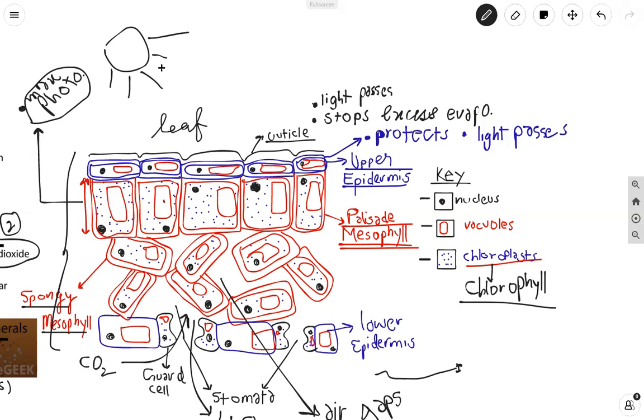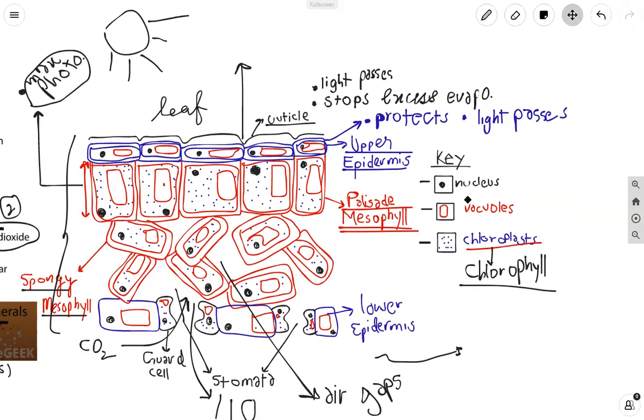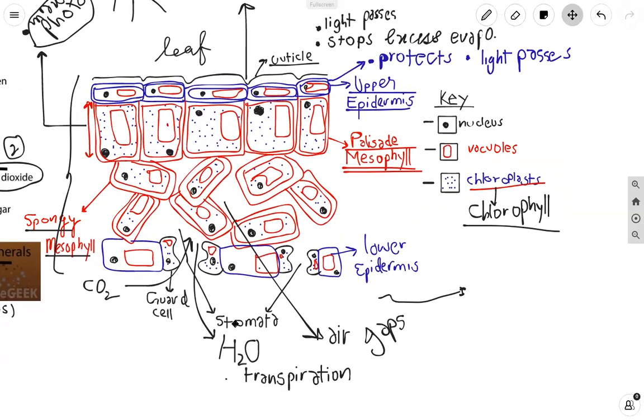When the sun heats up the water on the surface and the water evaporates, that is known as evaporation. But when the water is given out by the plant from the stomata, that is transpiration.